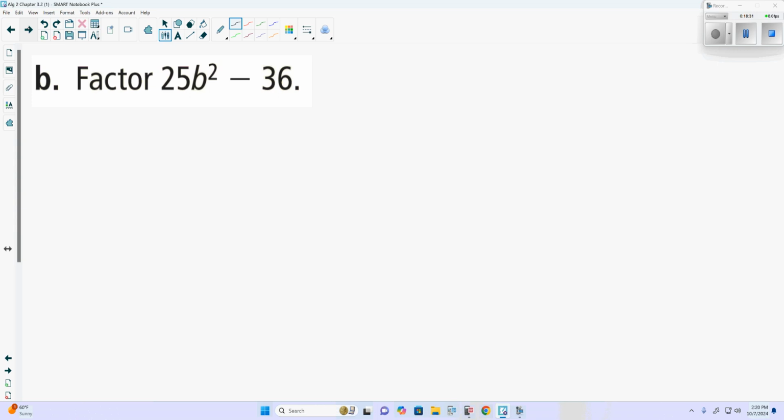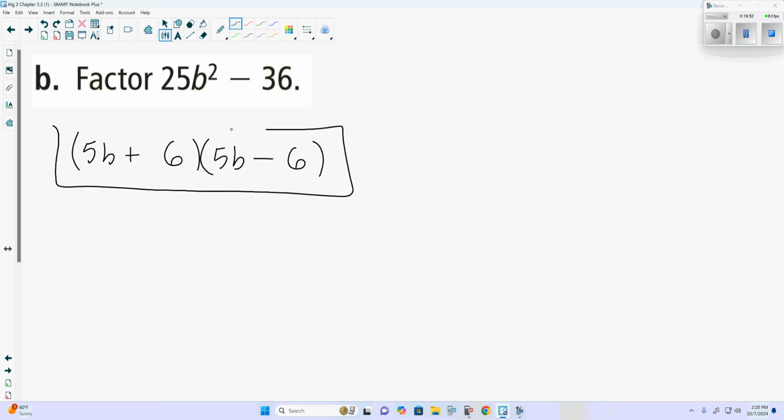25b squared minus 36. So we do have a difference. We have two terms. What times itself would be 25b squared? 5b. 5b. And what times itself is 36? So 5b plus 6, 5b minus 6.